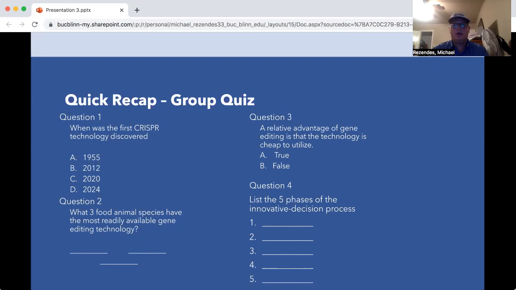Question number 3: a relative advantage of gene editing is that the technology is cheap to utilize. And then question number 4: list the 5 phases of the innovative decision process. I'll give you a few seconds here to jot this down or think about your answers. Then we'll go into answering our questions.